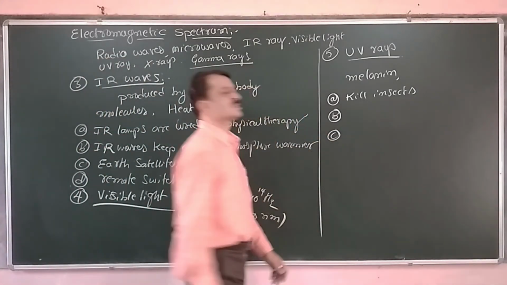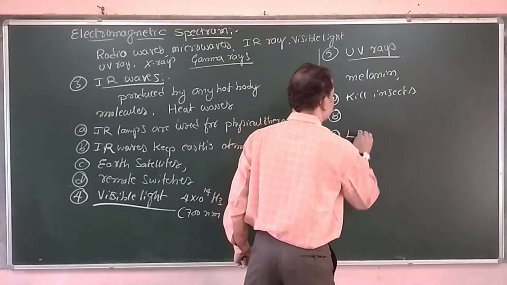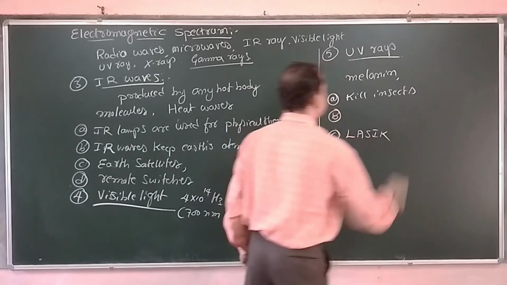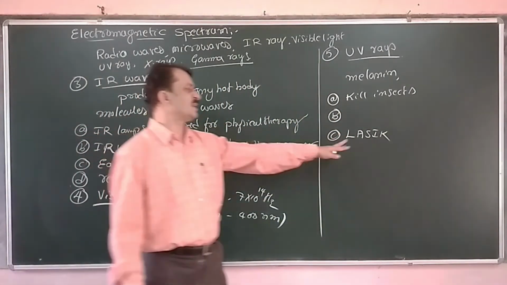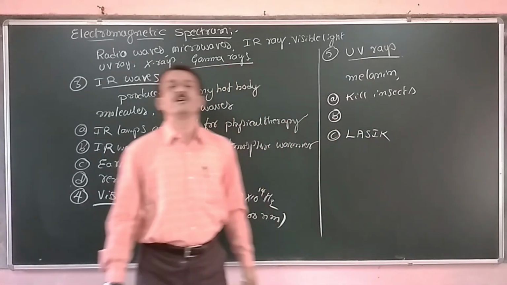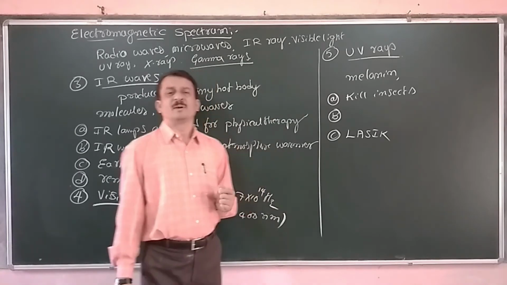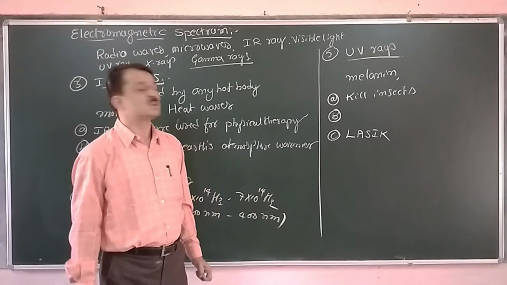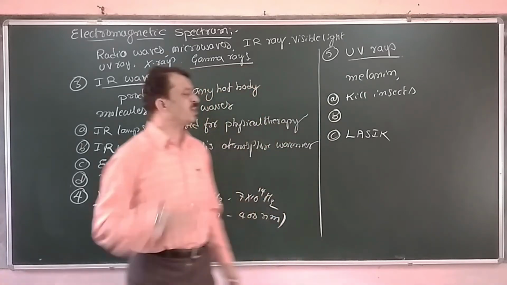And they are also used in the eye surgery technique, LASIK. In that case, they are using the ultraviolet radiations. While welding, persons wear a glass mask to avoid the ultraviolet rays entering the eye.